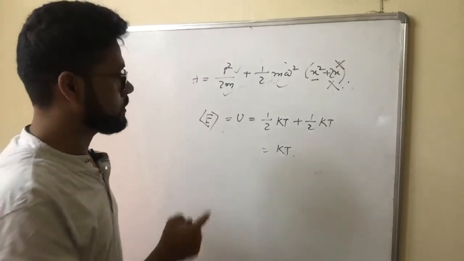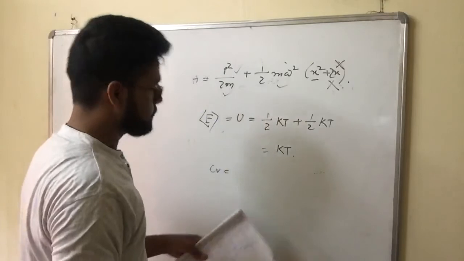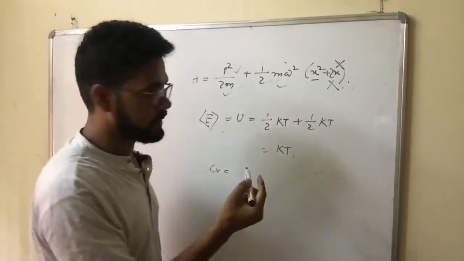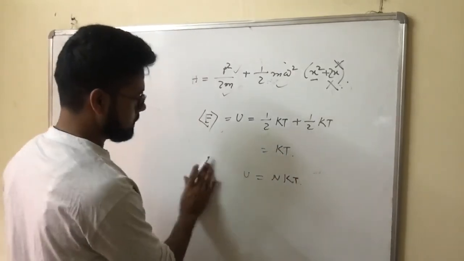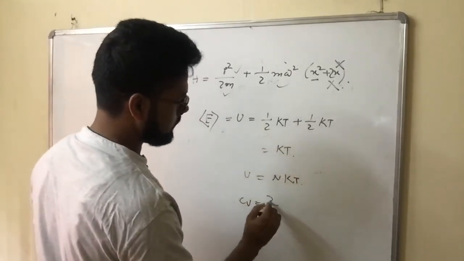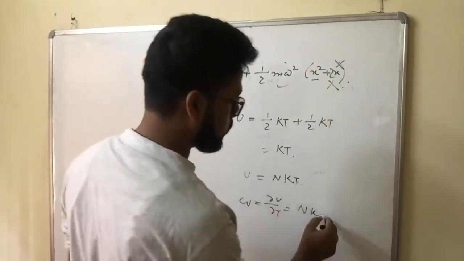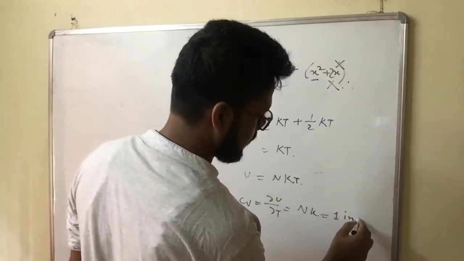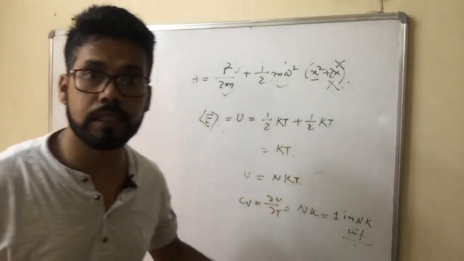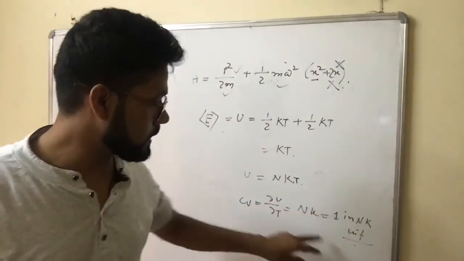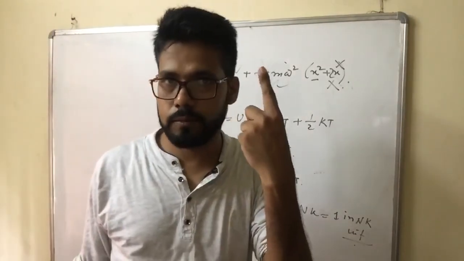And if the system is an N particle system, then total energy for N particles is NkT. Specific heat equal to dU by dT equal to Nk, equal to 1 in Nk unit. Remember, sometimes in books it is written that way. What is the specific heat in Nk unit? Nk is considered as 1 unit.